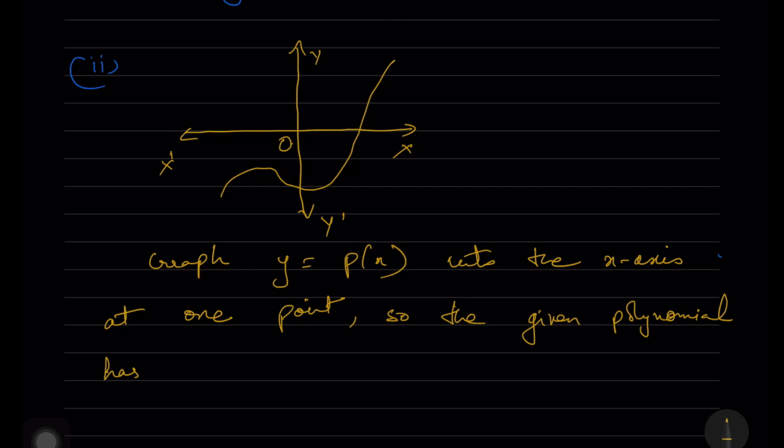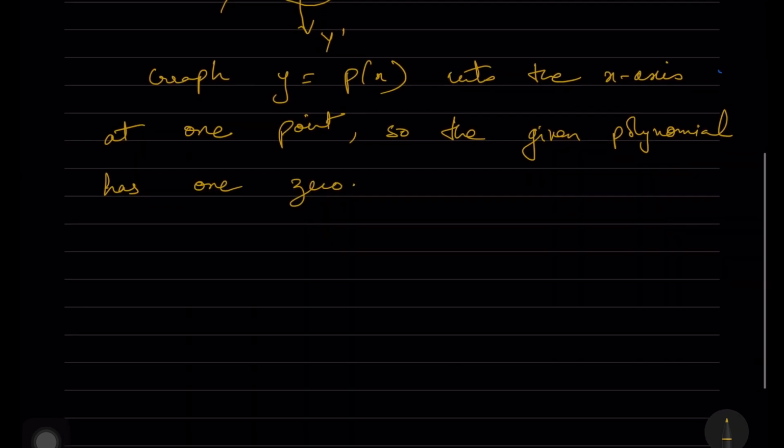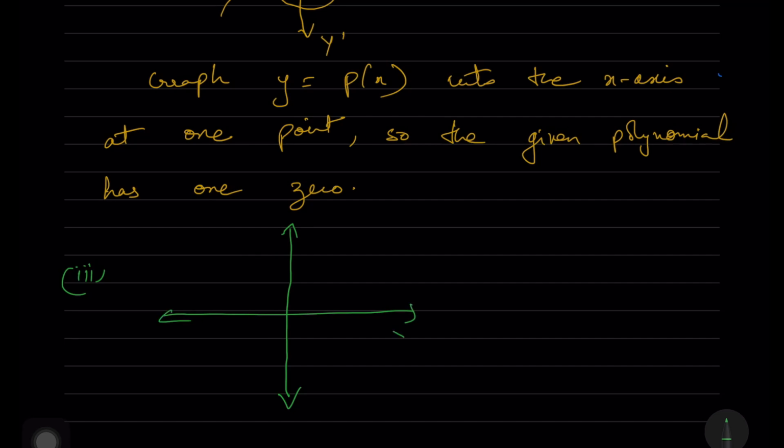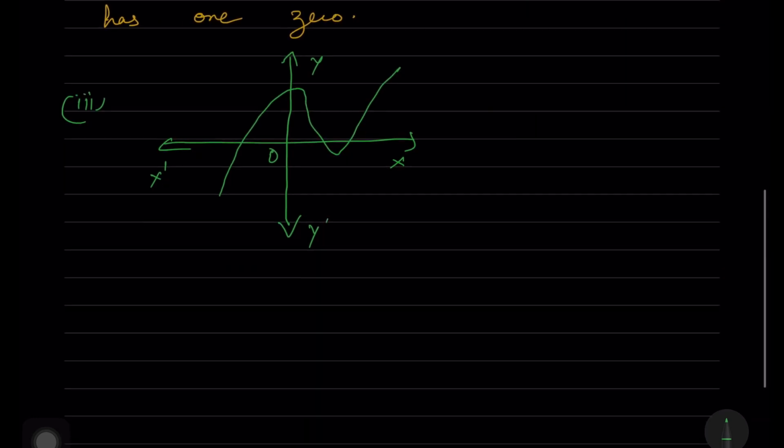Next, in the third case, how many points does it intersect the x-axis? After drawing the graph with the x-axis and y-axis, we can see that the graph is intersecting the y-axis at 1 point and the x-axis at exactly 3 points.